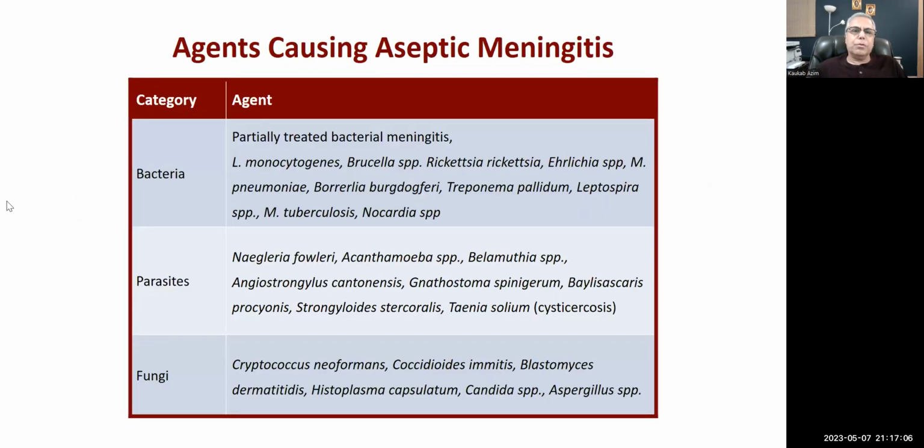So this slide, causes of aseptic meningitis. I've given you a lot of bacteria, the important bacteria. So here I give you bacteria, parasites, fungi. And of these bacteria, I said that Listeria monocytogenes is important. And then these other ones, they are not very common, right? The ones that are very common, I've already shown them to you. I'll show them to you once again. So you can keep this slide for your reference, okay?